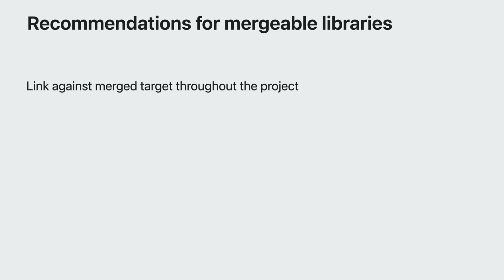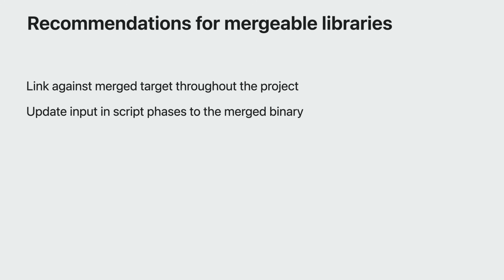I've described some nuances to mergeable libraries. Now, I'll share our recommendations. Setting dependencies on the merged binary is key to seamlessly adopting. This is necessary for any link dependencies. It is especially important if you feed libraries into tools that expect binaries during script phases. The static linker only merges direct dependencies.